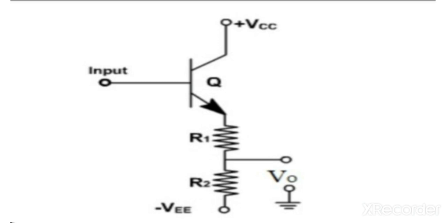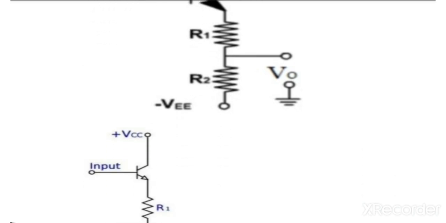Better results can be obtained by using an emitter follower either with a diode constant current bias or a current mirror instead of the voltage divider. The circuit diagram of these two circuits are shown below.